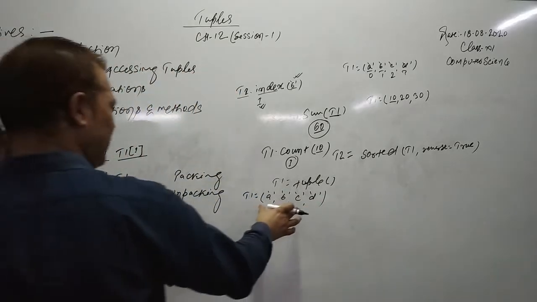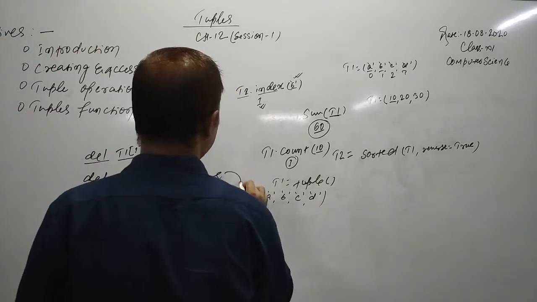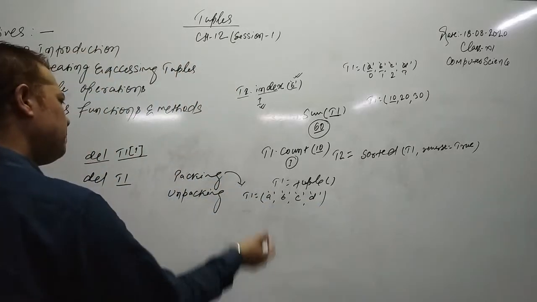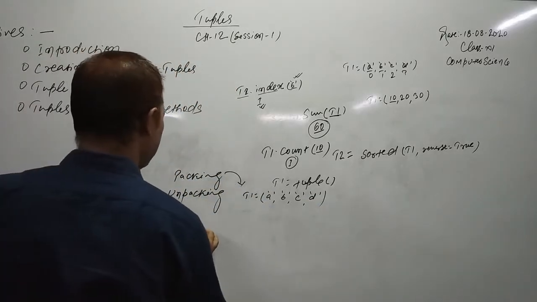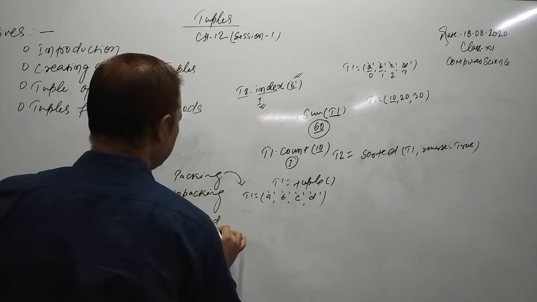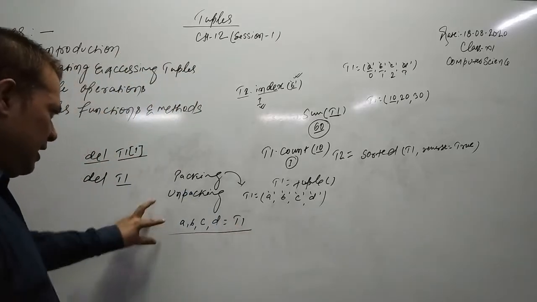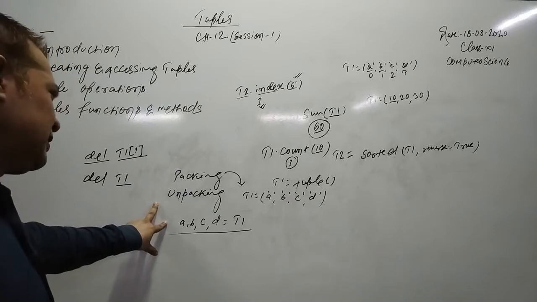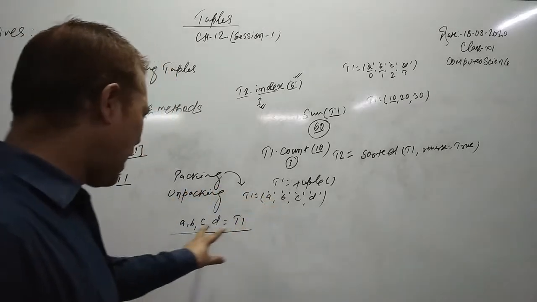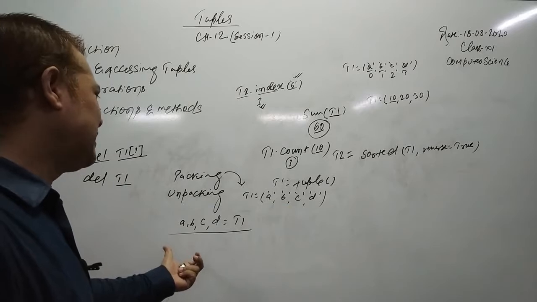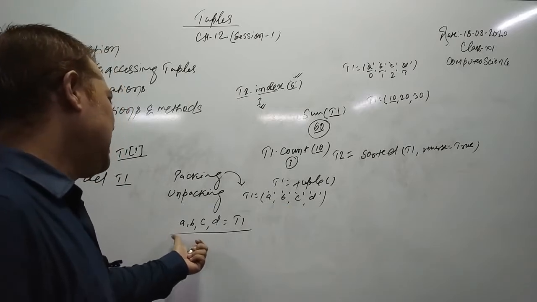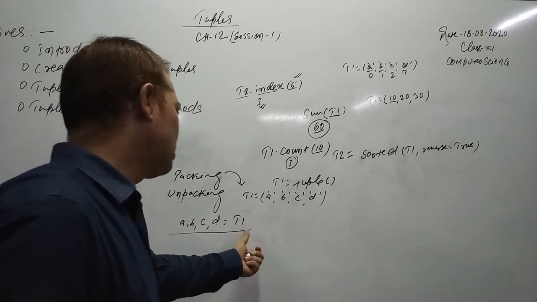This is one of the ways to create a tuple, and this is the packing process. Now, in the unpacking case, if someone is saying A, B, C, D equal to T1, this is unpacking. Now each element of the tuple is provided, but in a different way.